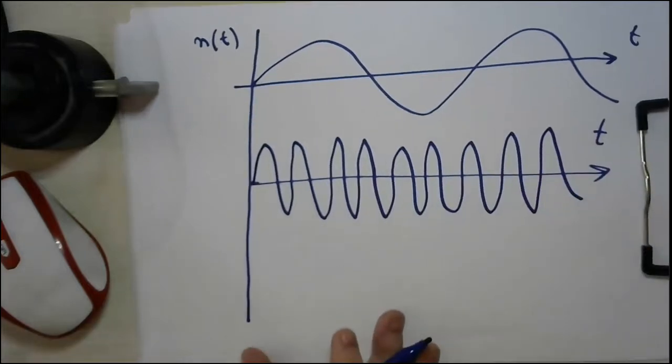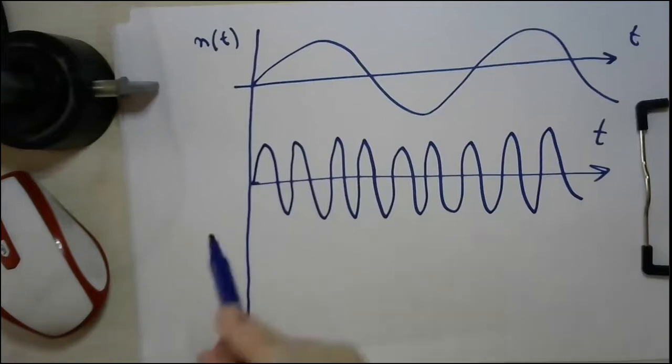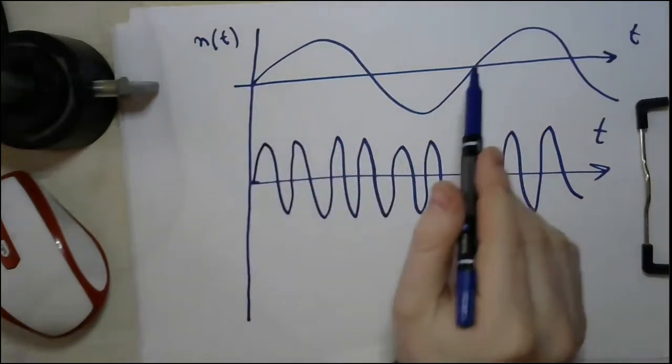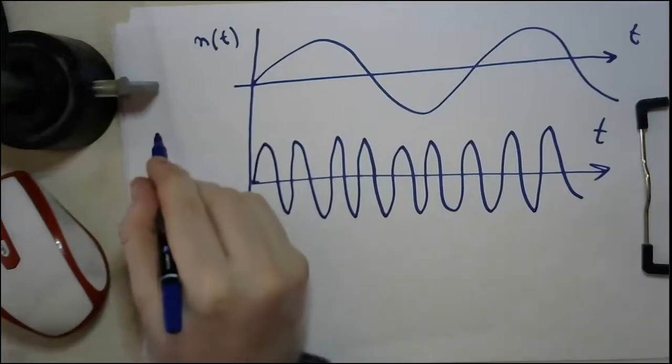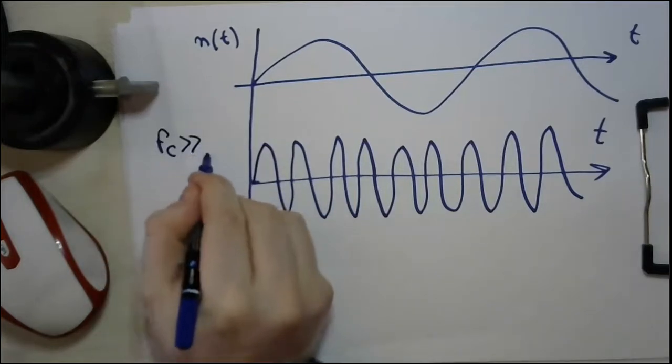As you can recognize here, whenever I start to plot such time-dependent signals, I have to have the sense that the time period here is much greater than the time period here, because simply FC is much greater than FM.